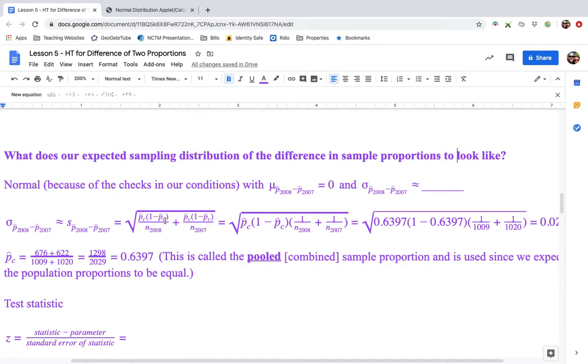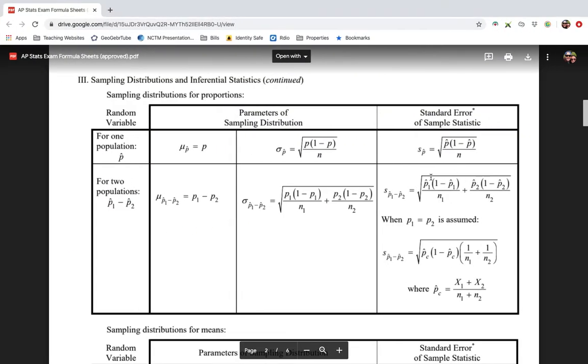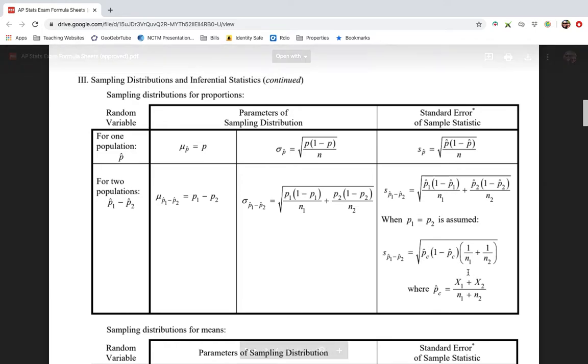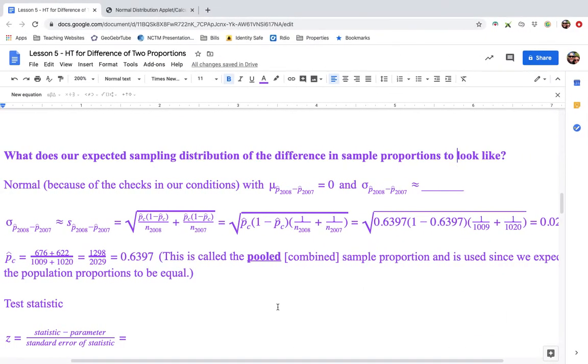So this thing right here, if you notice, I put in here p hat c and 1 minus p hat c, because really what we're doing is we're taking this formula up here and substituting instead of P1 and P2, P hat 1, P hat 2, we're going to use this new statistic we calculate in its place. And this is how I like to write it.